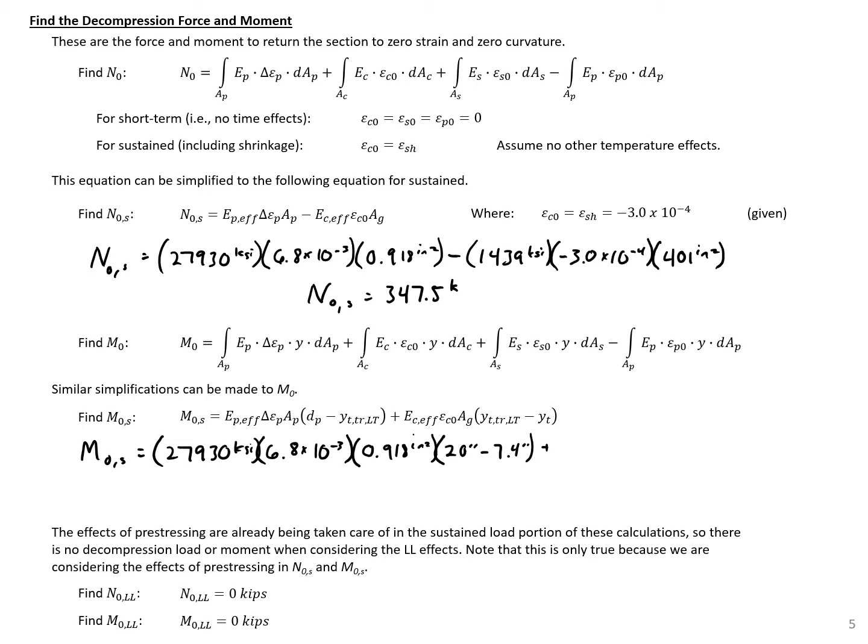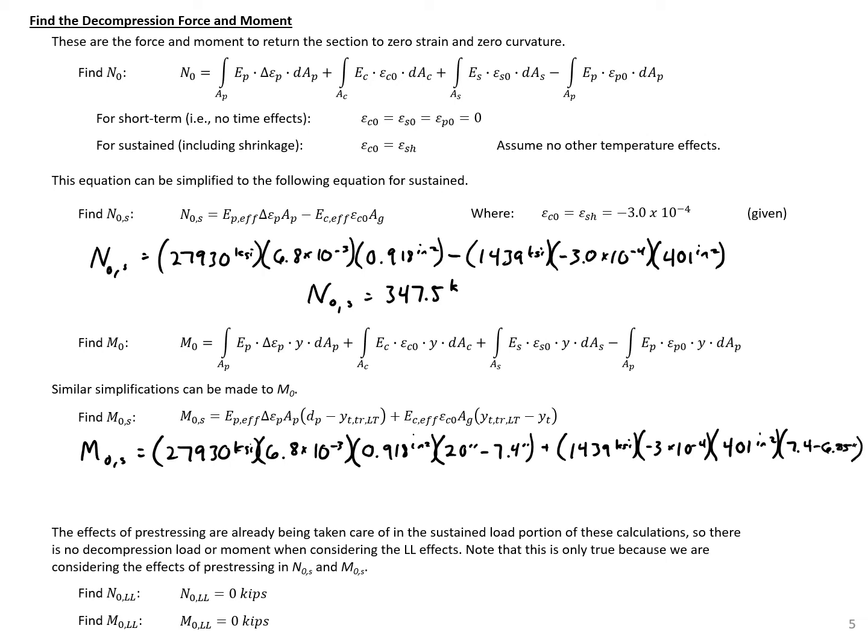And then plus our effective modulus for our concrete, 1,439 KSI, times our shrinkage strain, negative 3 times 10 to the negative fourth, times our gross area, 401, and then times 7.4 minus 6.85 inches.